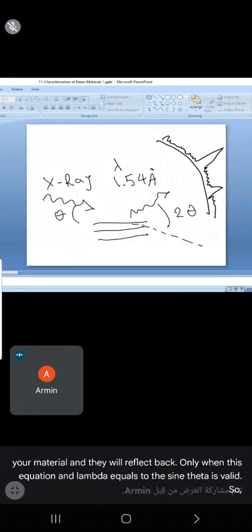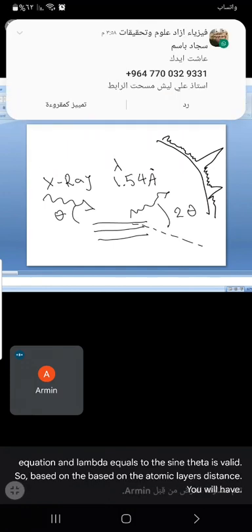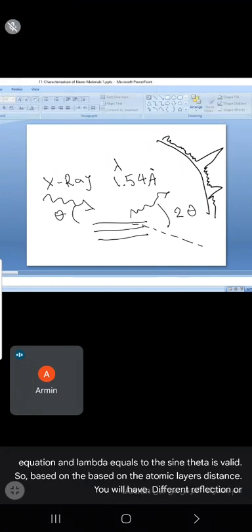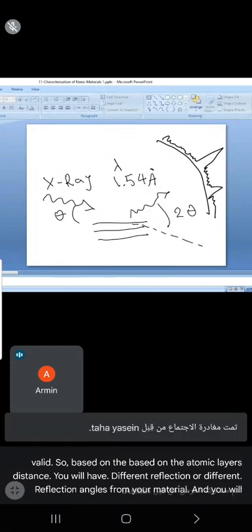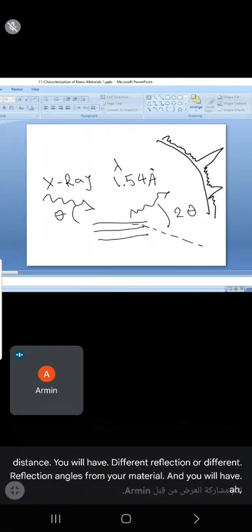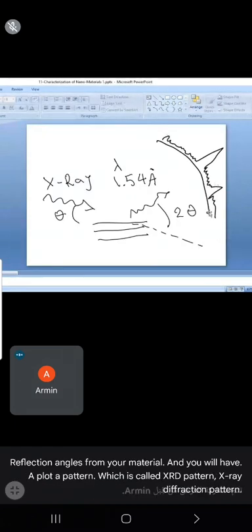So based on the atomic layers distance, you will have different reflection angles from your material, and you will have a plot, a pattern, which is called an XRD pattern, X-ray diffraction pattern.